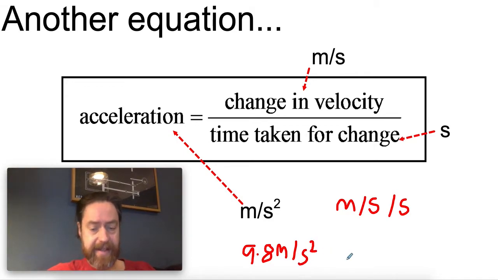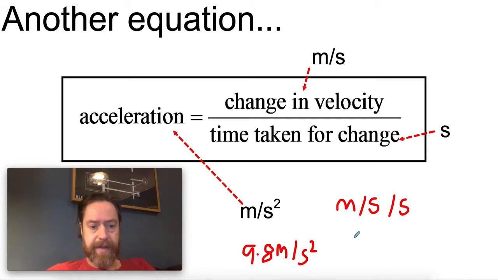What this means is that every second that I'm falling, I go 9.8 meters per second faster. So if I jump off a very high building, hopefully into water or onto a crash mat or a bungee jump, after 1 second I'd be going 9.8 meters per second. After 2 seconds, almost 20 meters per second. After 3, almost 30. That's what this meters per second squared means.